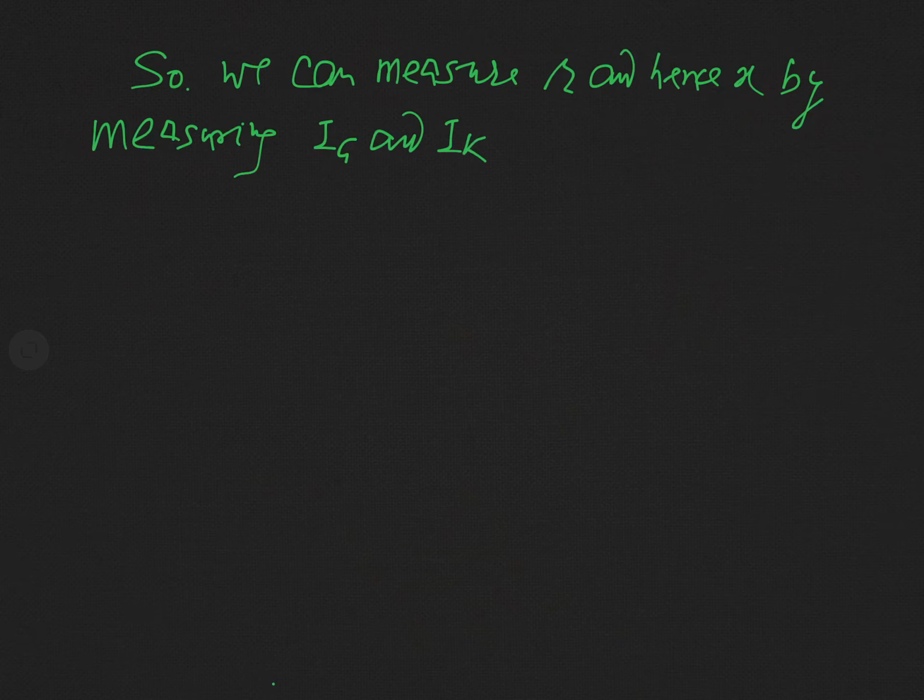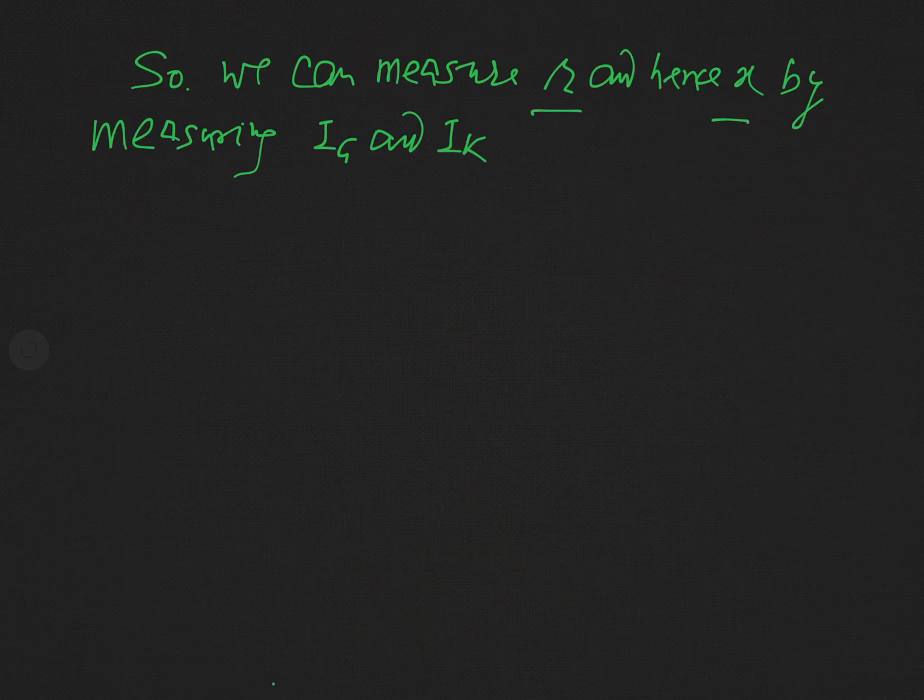If these intensities are measured, then from the above result we can easily measure R. Simply Ik over Ig will be equal to R, and after that we can measure X. So X is also determined in this way.